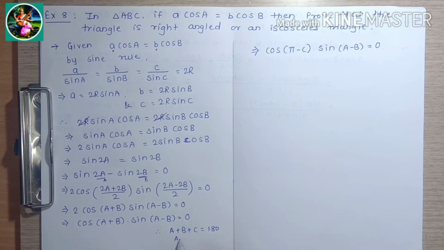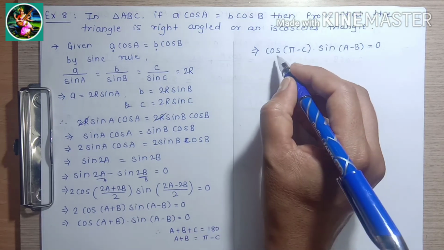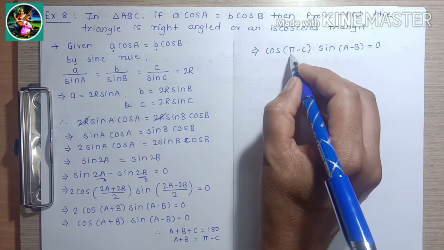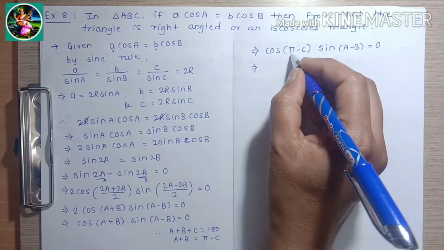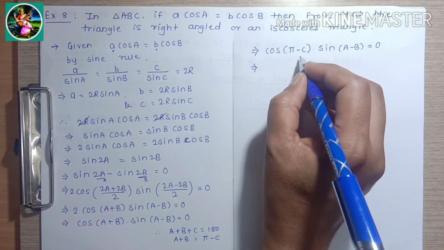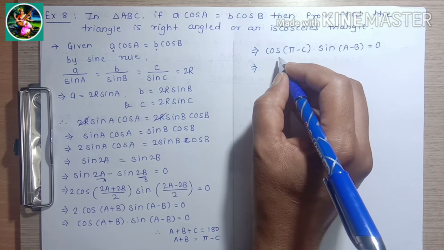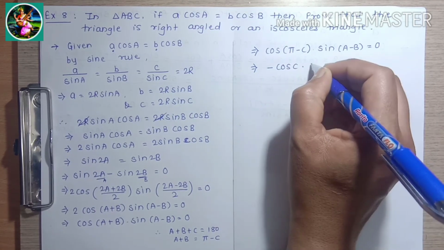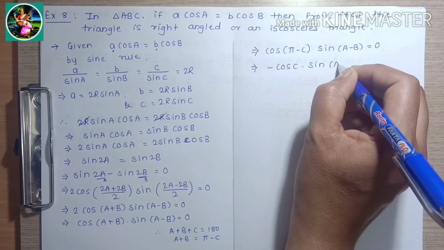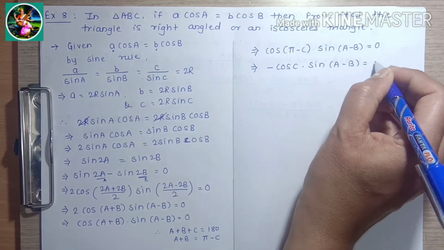Therefore A plus B is equal to pi minus C. Therefore, instead of A plus B, we write cos of (pi minus C). And we know that cos of (pi minus theta) is minus cos theta. Therefore here we write minus cos C into sin of (A minus B) is equal to 0.